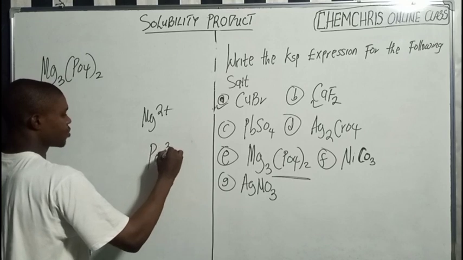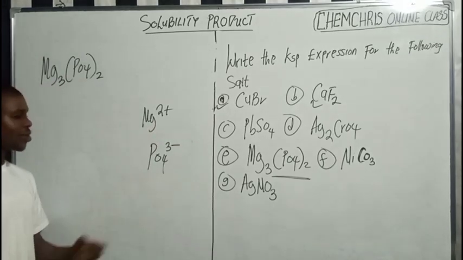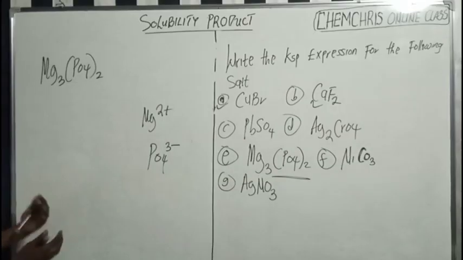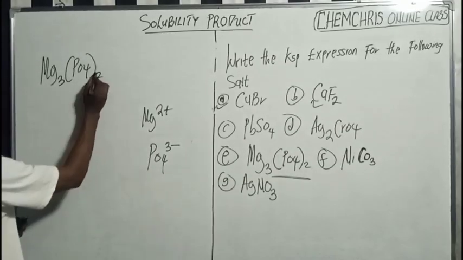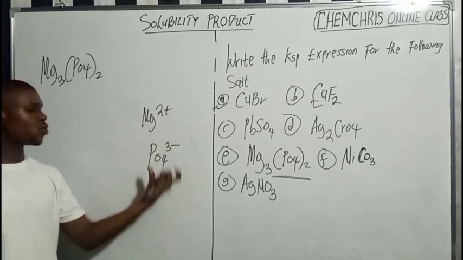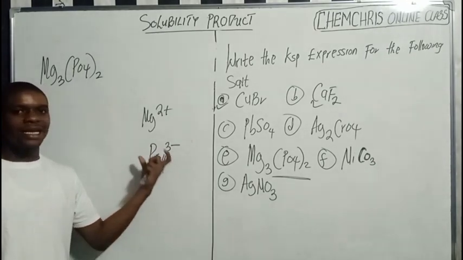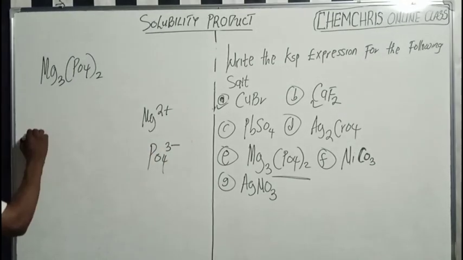So this 2 is what actually forms this other one here. And if you check very well, you can see that this 2 is here and this 3 is here. This is how it is when you're writing the ionic formula.